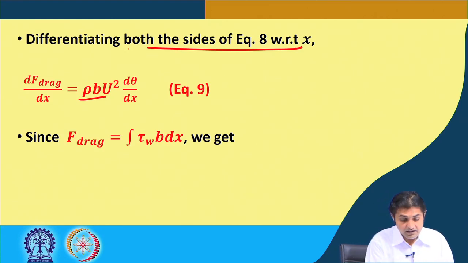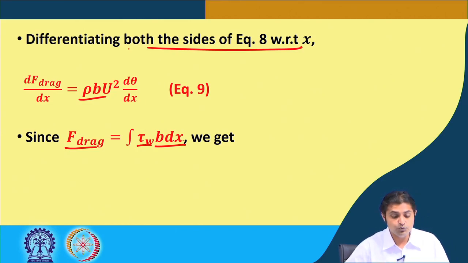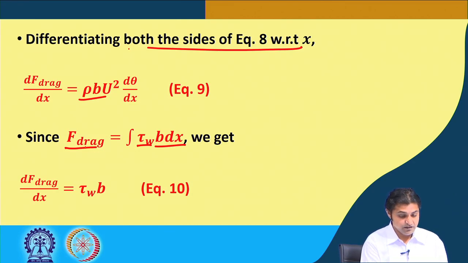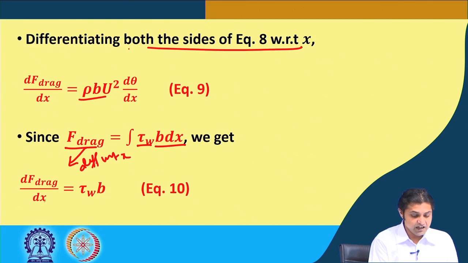Also we know that this drag was due to integration of shear stress over the entire area, integral tau w b dx. If we differentiate this with respect to x, the integration sign will go and it will become dF drag by dx is equal to tau w b.